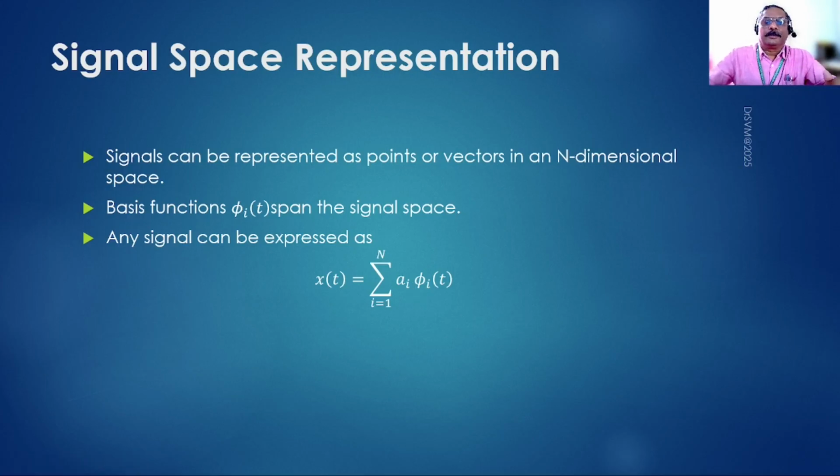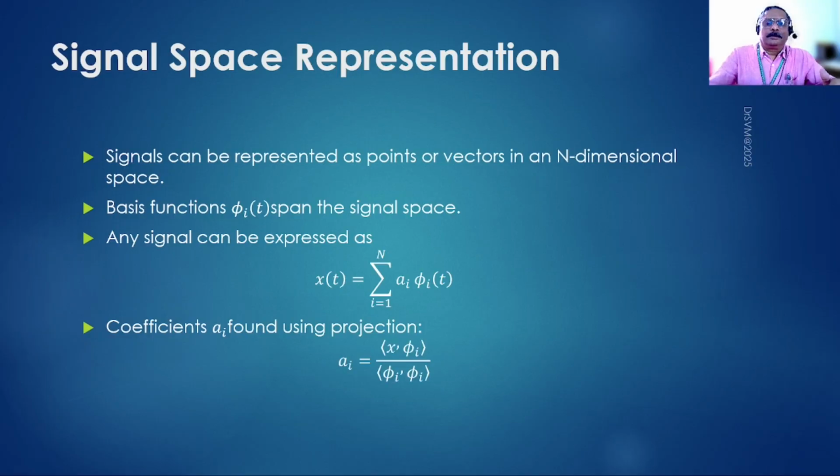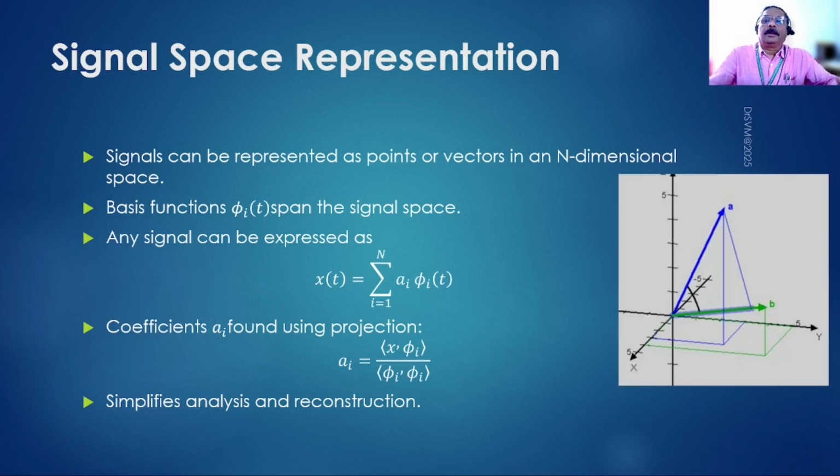That is the sum of a_i phi_i of t, where a_i is the projection of x over the ith basis function, or vice versa. The coefficient a_i is given by this projection expression, and this simplifies analysis and reconstruction.